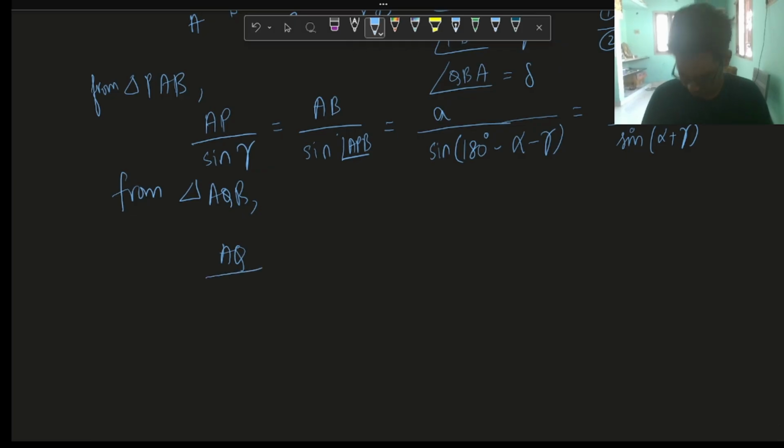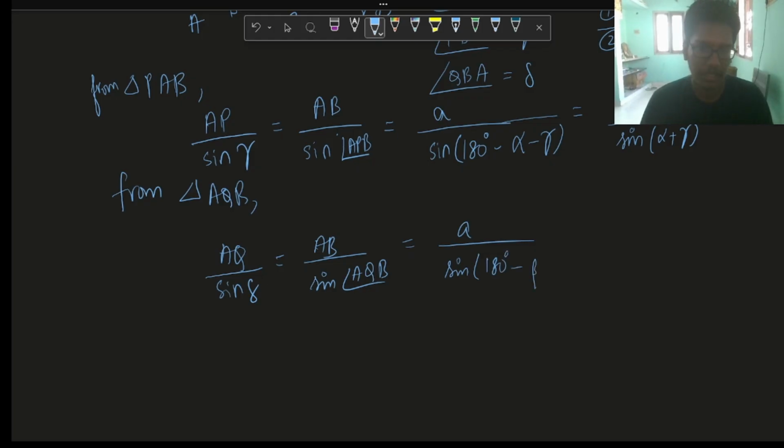AQ divided by sine delta is equal to AB divided by sine of angle AQB, which can also be written as A divided by sine of 180 minus beta minus gamma.